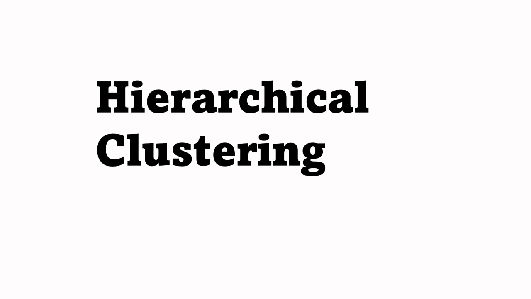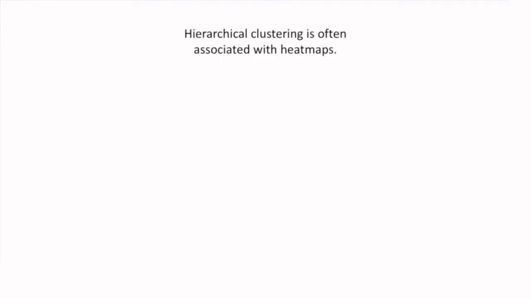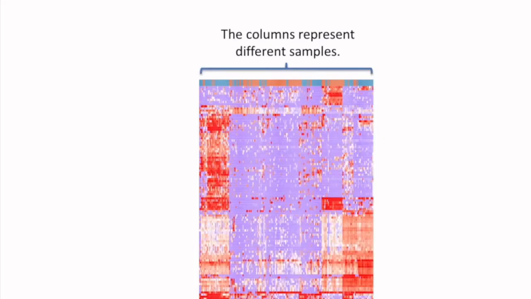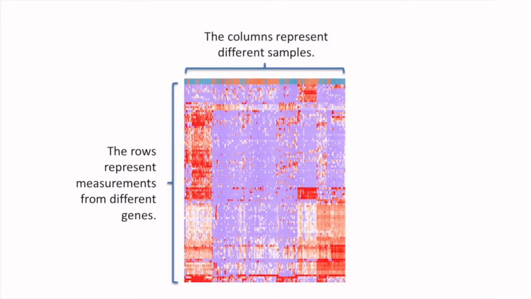So today we are going to be talking about hierarchical clustering. Hierarchical clustering is often associated with heat maps. If you are not already familiar with what heat maps are, just know that the columns typically represent different samples and the rows typically represent measurements from different genes.